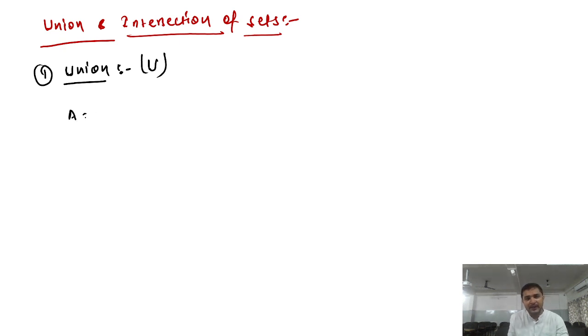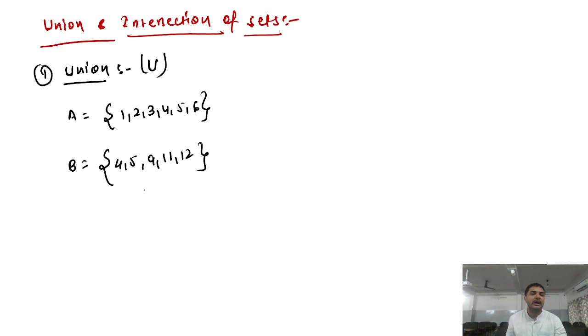Say for example, we have A as the set 1 2 3 4 5 6, and set B, let's say, we have it as 4 5 9 11 12. Now, if they are asking A union B, it is a set where all the elements of A will be there, and also all the elements of B will be there.